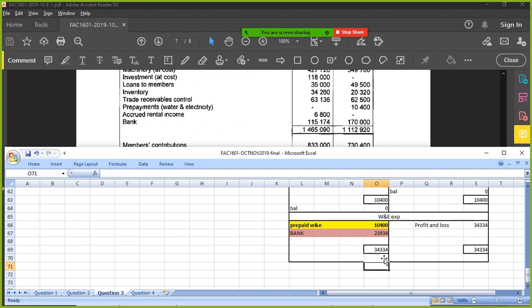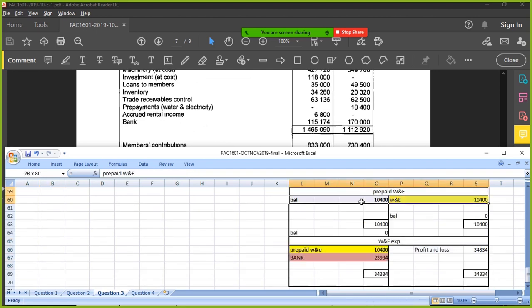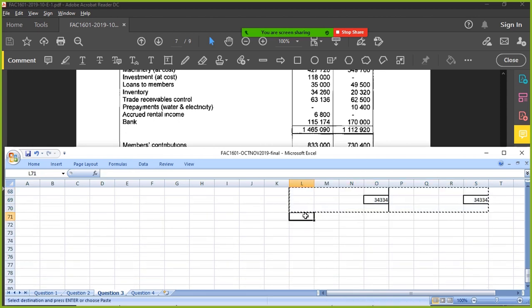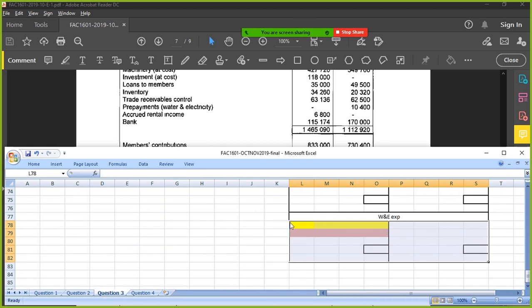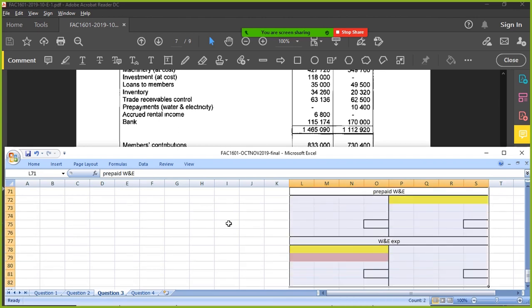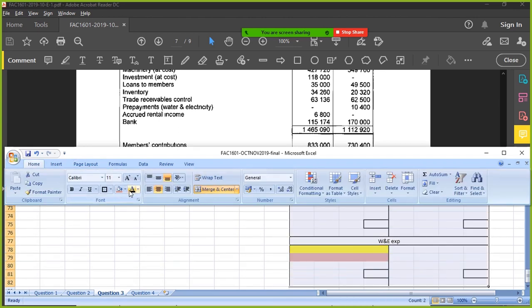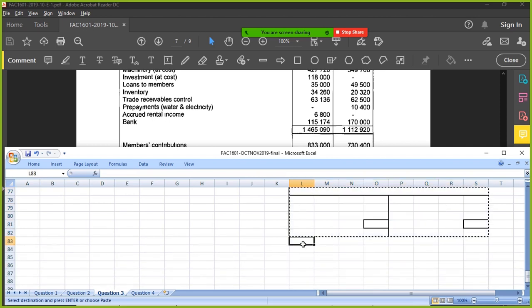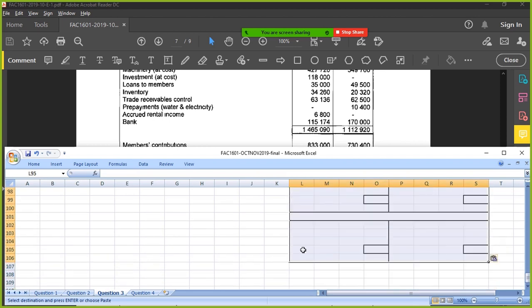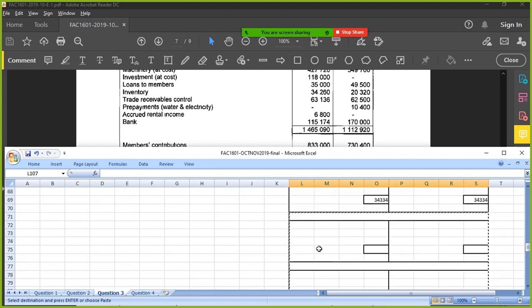Accrued rent income, I need to show. Okay, accrued rent income.